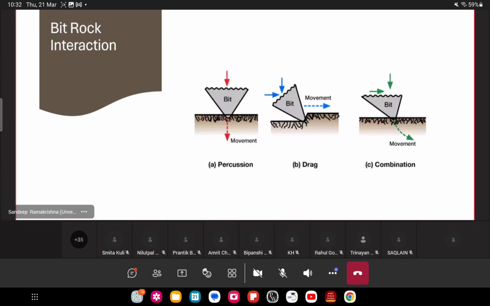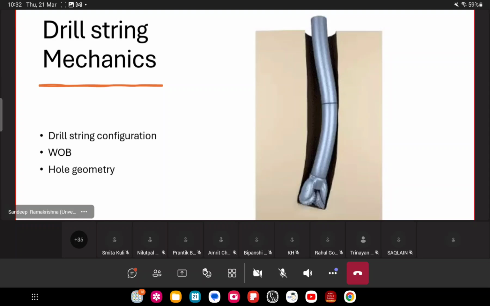And the other one, of course, is the drill string mechanics. This is where, in simple layman's language, we talk about buckling of the pipe, breaking of the pipe. And of course, it's a function of how much weight we are putting on the bit and what sort of hole geometries we are trying to achieve, right?